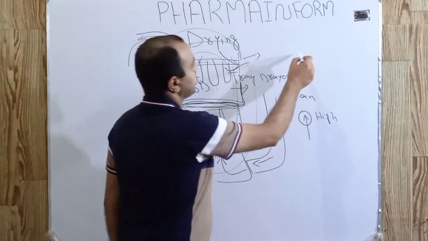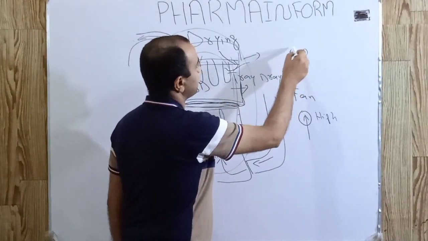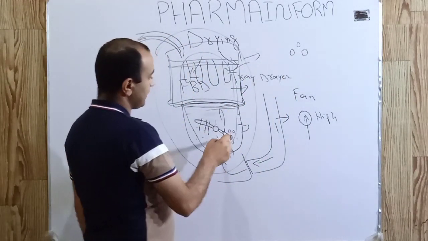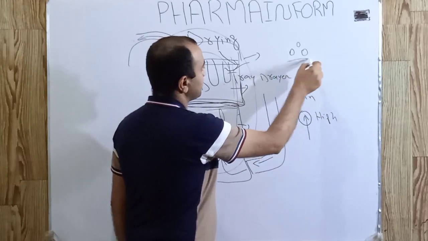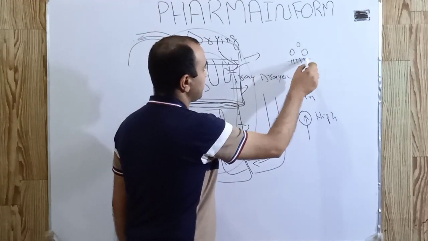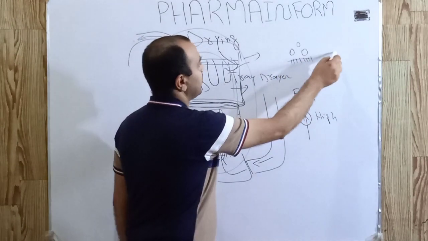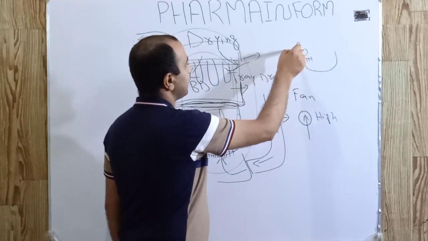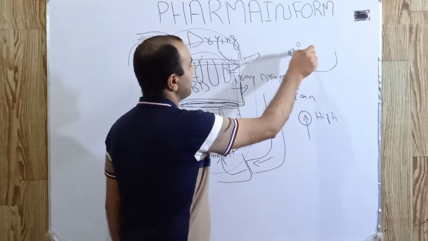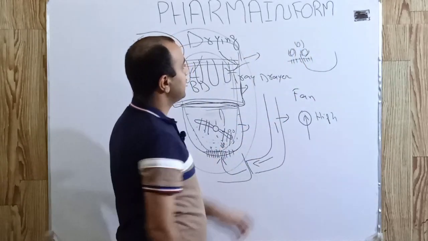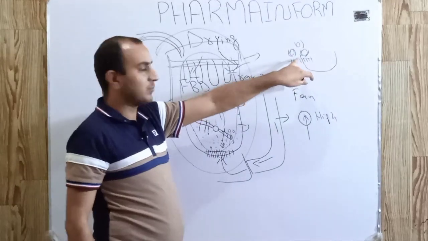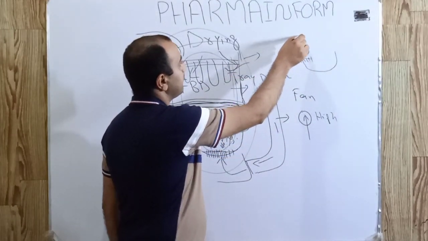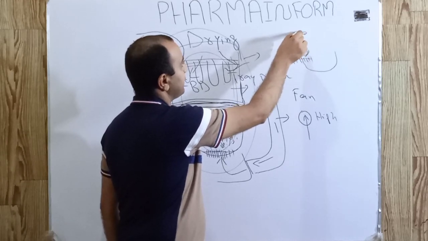For a better concept, suppose these are the granules inside the product trolley. This is the perforated bottom. When air comes through this bottom, it comes in contact with the wet granules, takes moisture from these granules, dries them, and then here we have filters.